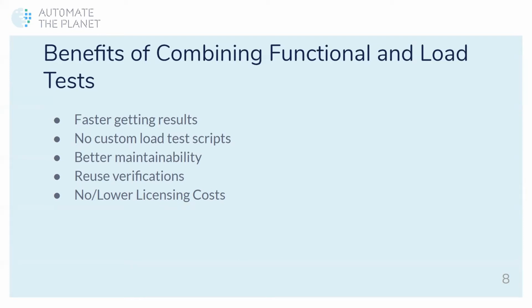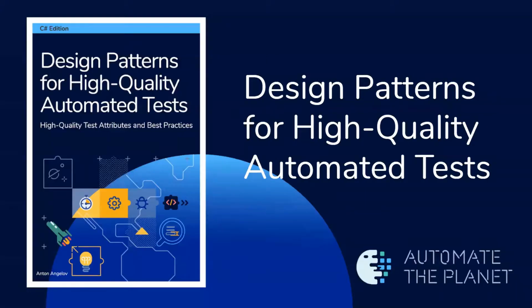And now let's dig deep into the code. I'm not a fan of long theory lectures. A long time ago, maybe most of you know, I wrote a book called Design Patterns for High Quality Automated Tests, and now I will show you a few examples from it to understand a few patterns that we used in this library that I will present.